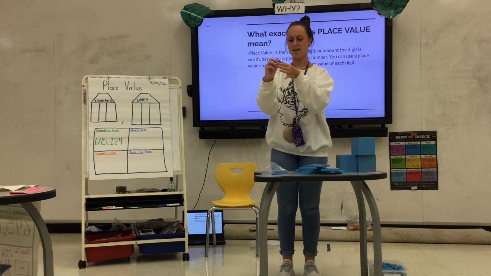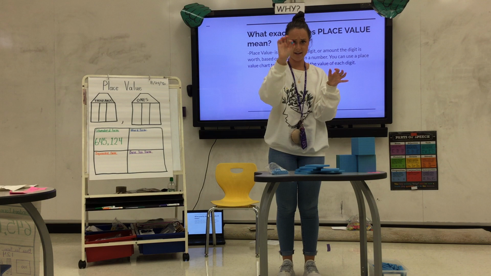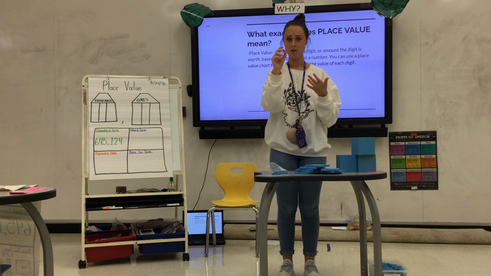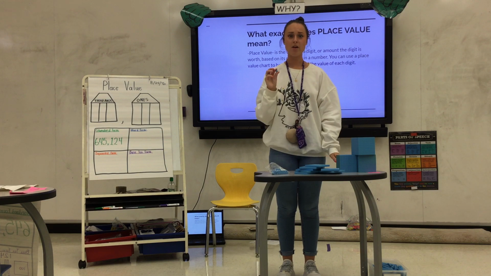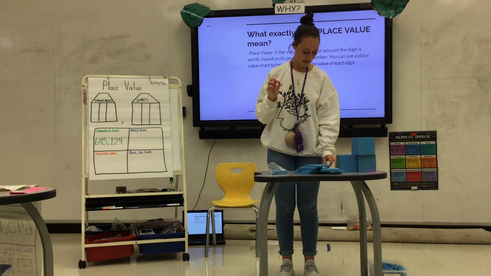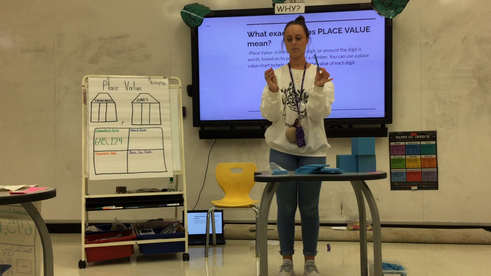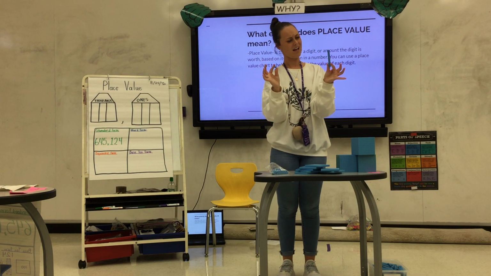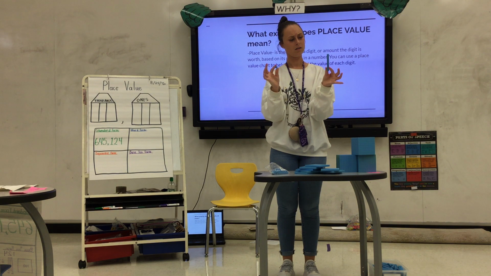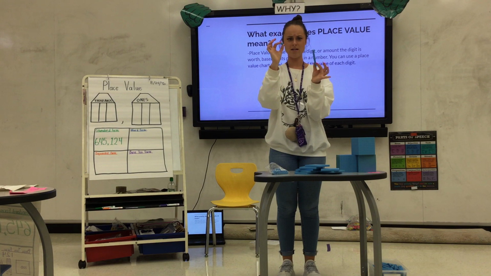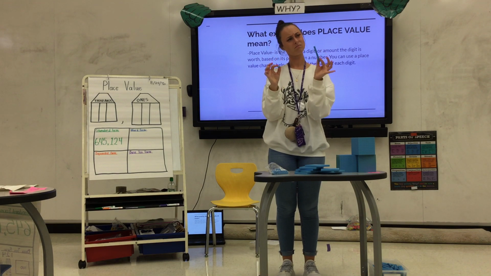Everybody can see that I have one little piece, right? I have 1. So my digit would be 1. Well, now let's say I pick up one of these. Now, I ask myself, would these be worth the same? Are these the same amount, this one and this one?